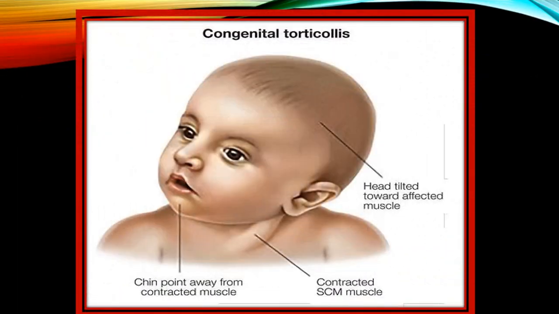This picture shows the congenital torticollis and its typical criteria. The chin is pointed away from the contracted muscle, and here is the contracted muscle due to stretching of its fibers or due to hematoma, and the head tilts toward the affected muscle.